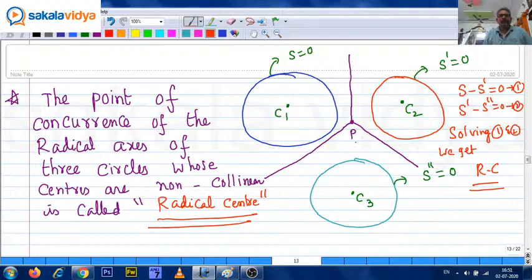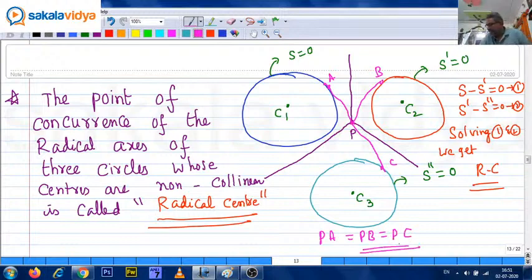So one more property from radical center, for example P: you draw tangent to the first circle, second circle, third circle, say PA, PB and PC. Here we observe that PA is equal to PB equals to PC.